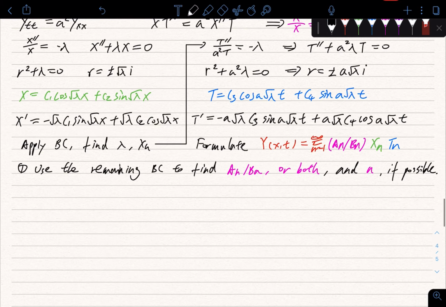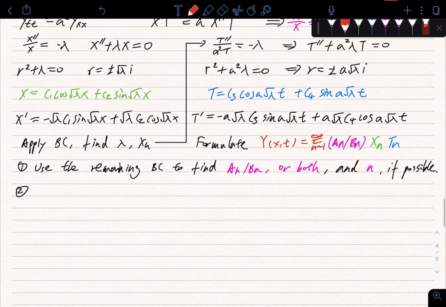Or the other way to solve this is that let me just write down the general solution for this wave equation.